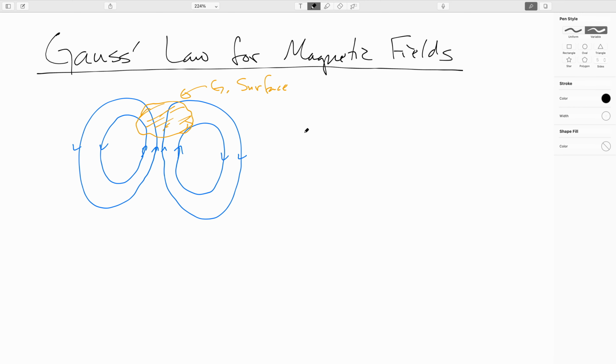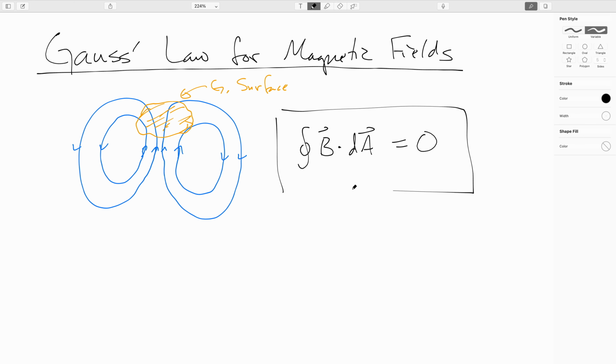So this means that the total magnetic flux going through the surface, integral B dotted with dA, is just plain zero. And what this means is that there are no isolated magnetic charges. There is no north pole just sitting all by itself or a south pole sitting all by itself.